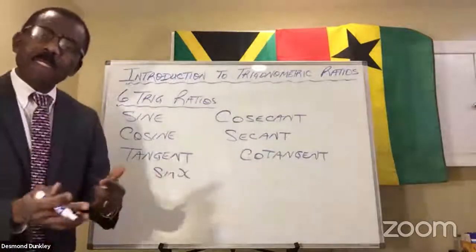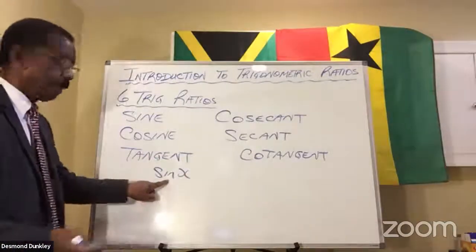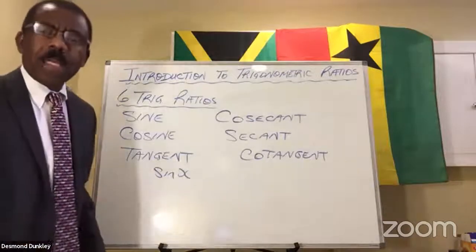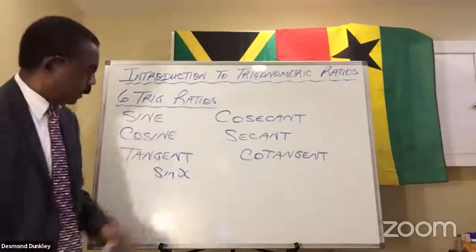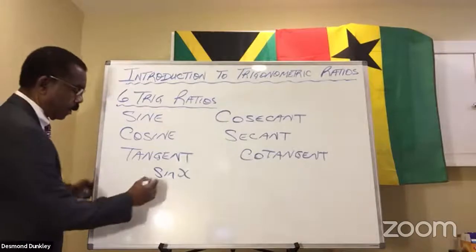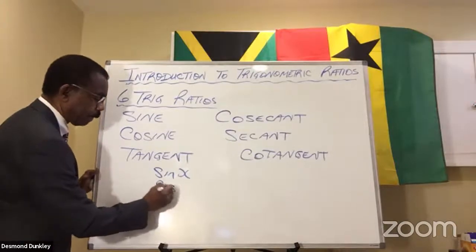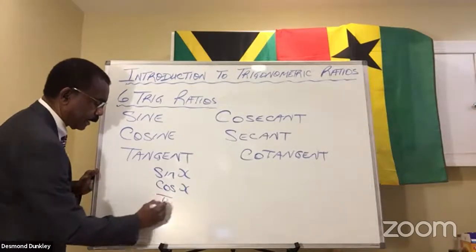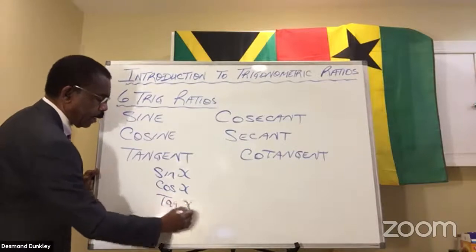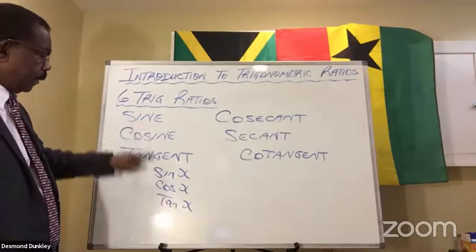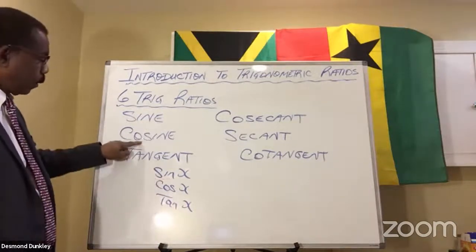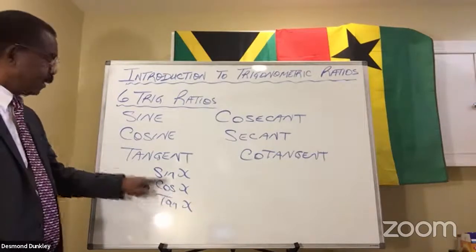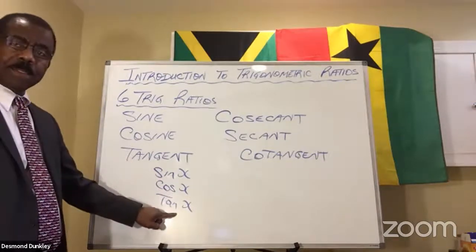Sine by itself is meaningless. It has to be sine of an angle, like square root of a number. Cosine, that's the abbreviation. Tangent, T-A-N. So for sine, we use S-I-N. For cosine, we use C-O-S, cos. And for tangent, we use tan.